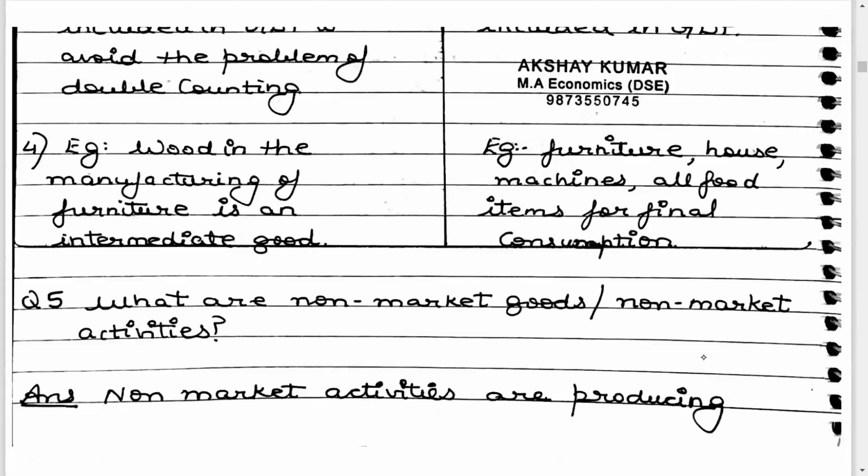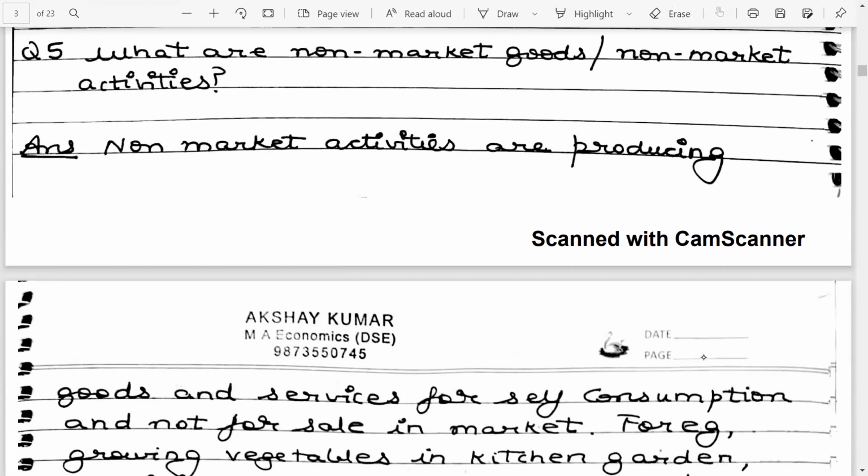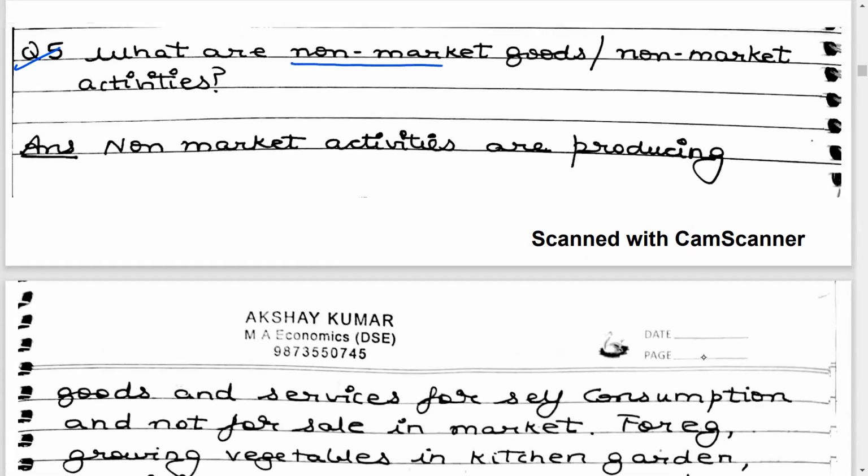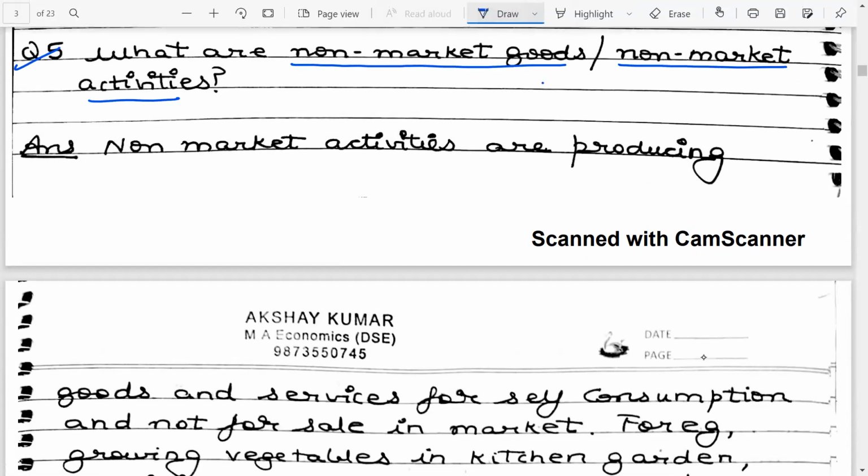Now, in this particular lecture, we intend to look at question 5 and the questions starting from question 5. What is meant by non-market goods or non-market activities? Let's look at this question. Usually it comes as a 1 marker.